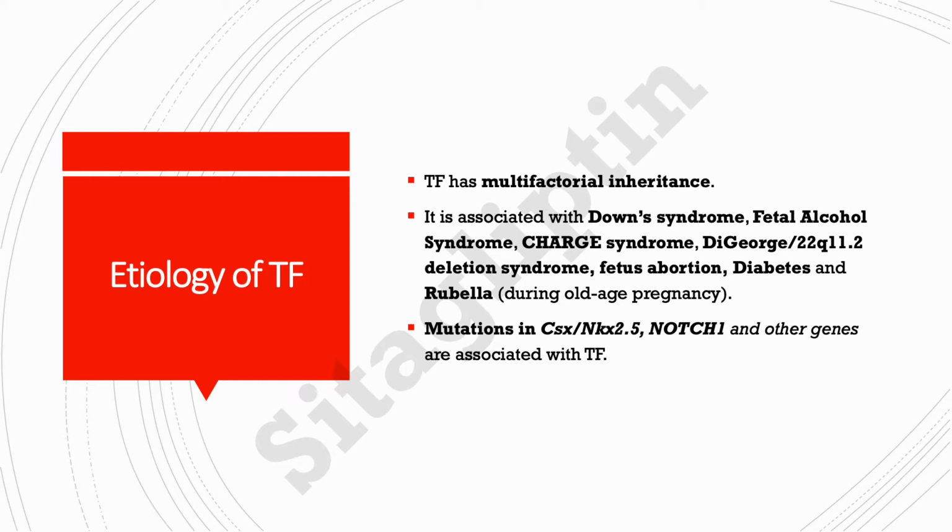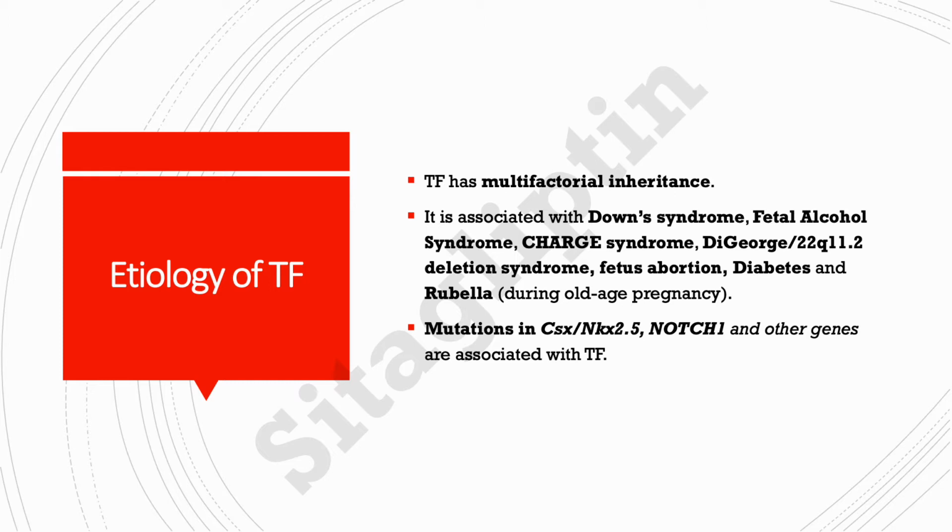This is also a genetic disease. This deletion of 22q11.2. And fetus abortion is associated with Tetralogy of Fallot. Diabetes, alright. And during old age pregnancy, if the mother is infected with rubella, there is a high chance that the fetus will have Tetralogy of Fallot.